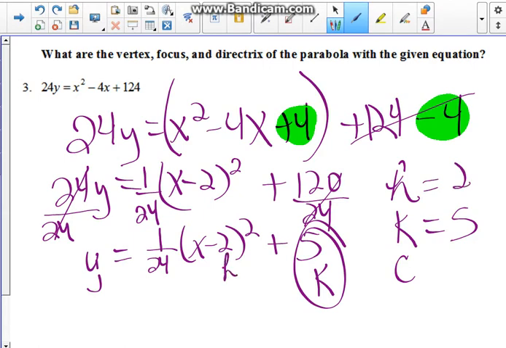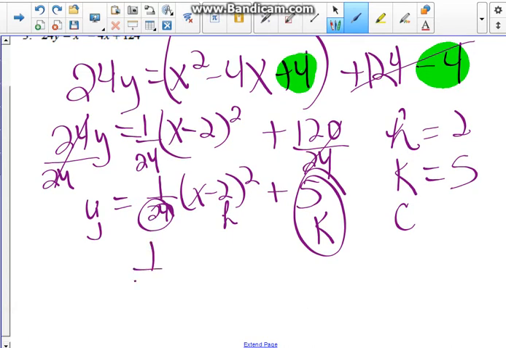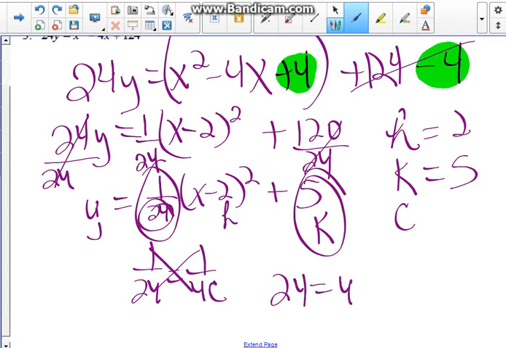And then my c, this bottom number here is 4 over c, or you could do it this way. You could say 1/24 equals 1 over 4c, right? Because that's where that goes in the equation. So cross multiply, and you get 24 equals 4c. Divide each side by 4, and you get that c is equal to 6.